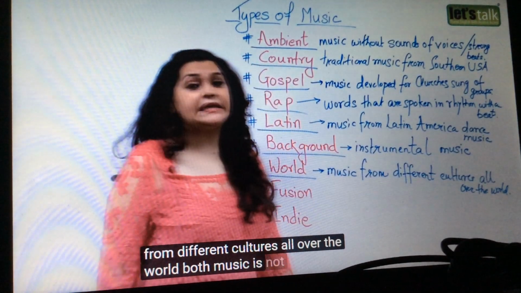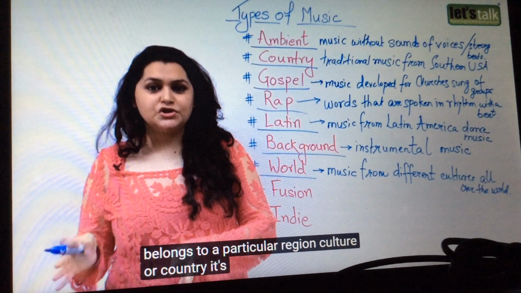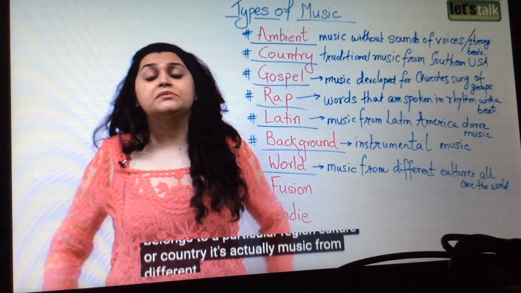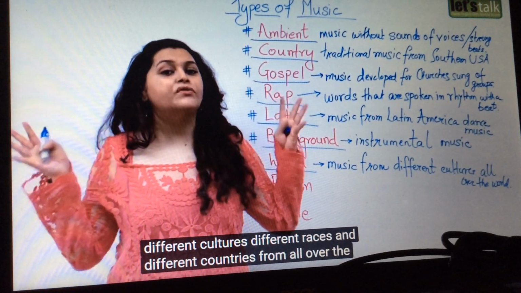So world music is not music that belongs to a particular region, culture or country. It's actually music from different cultures, different races and different countries from all over the world.